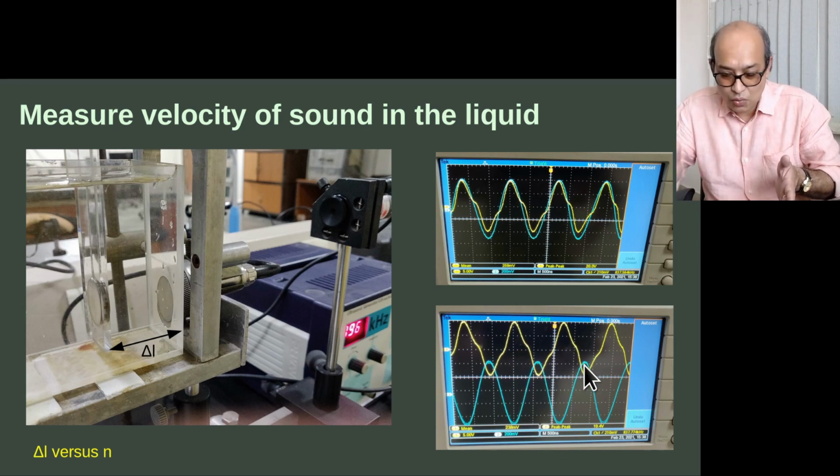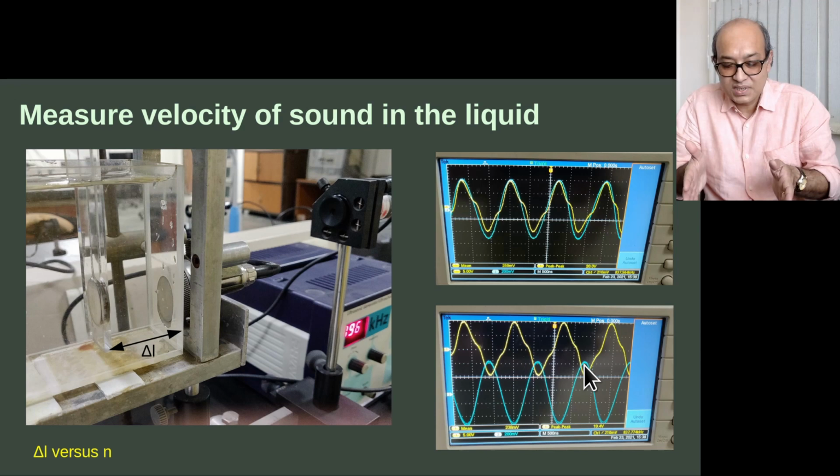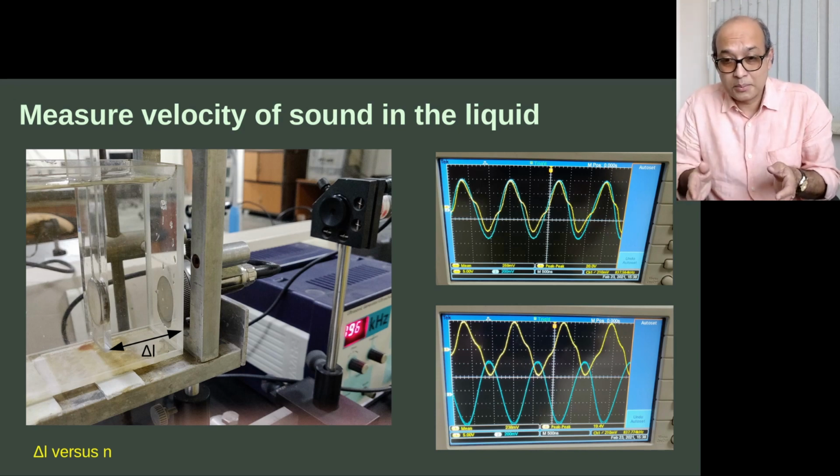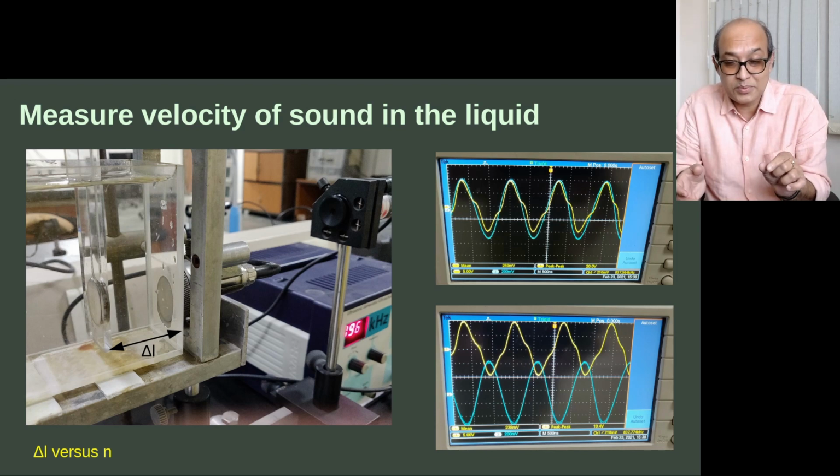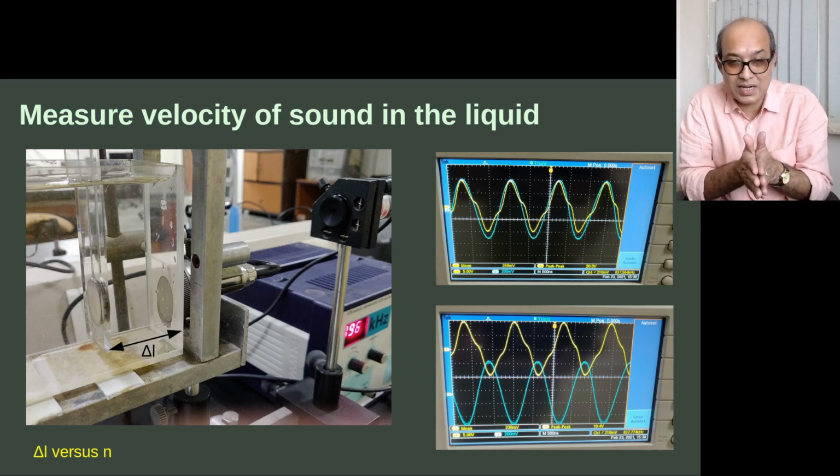If we can measure how much it has moved, let's call it delta L, a small amount of movement, then this delta L would be equal to half of lambda of the ultrasound. But then it is too small. Typically it would be some millimeter length, so it's very difficult to adjust that much.